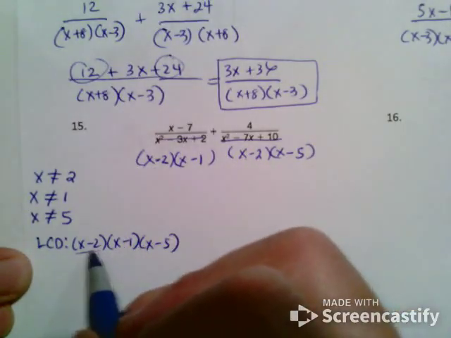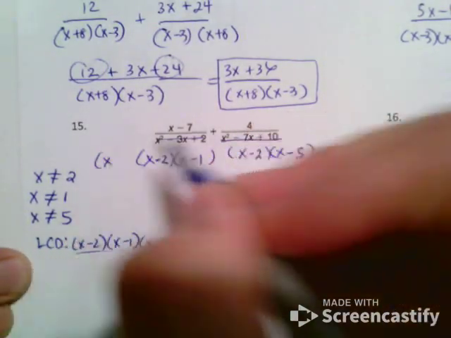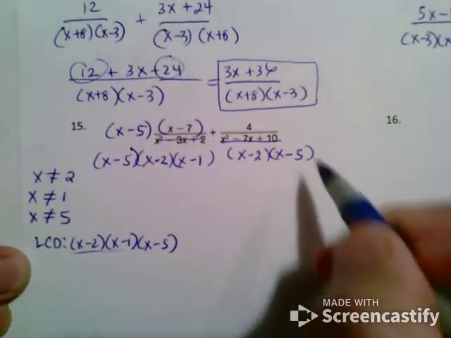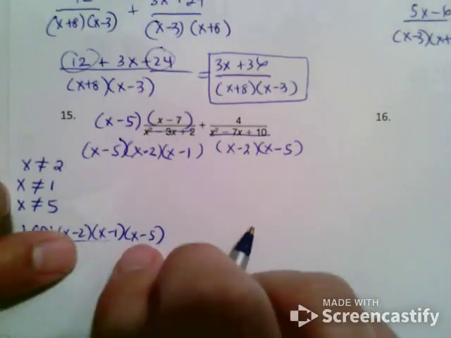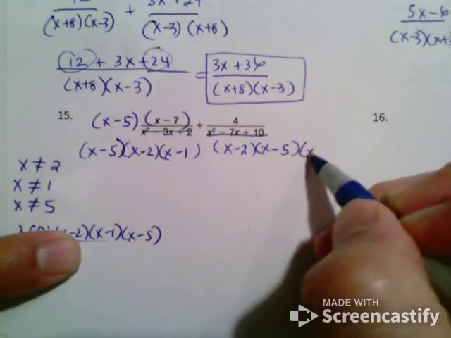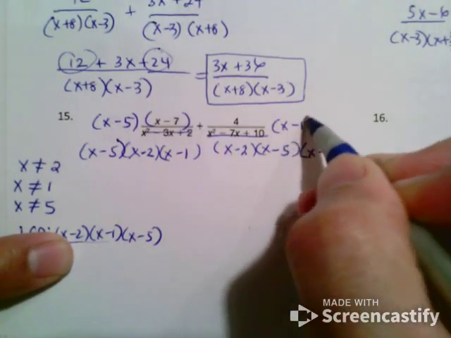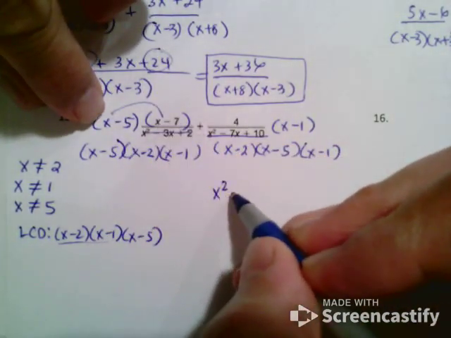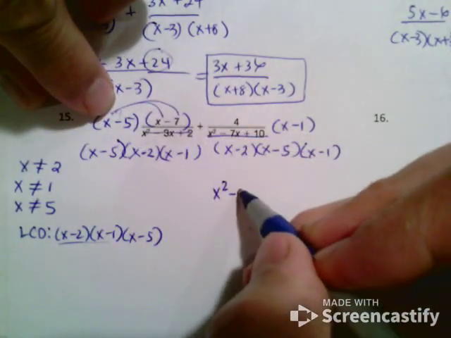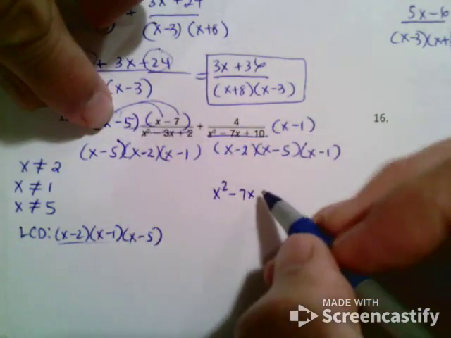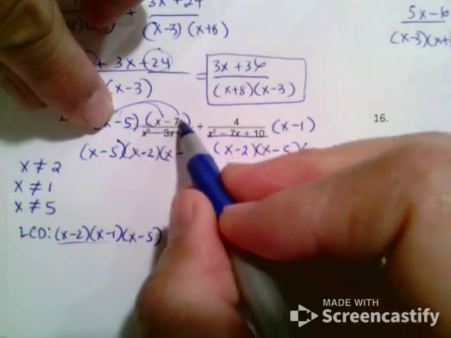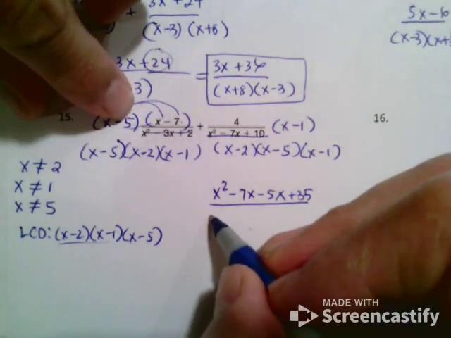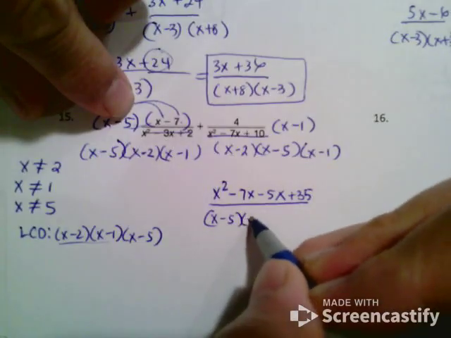So this one's missing this one, so I need to multiply it by this one. And this one is missing this one. Okay, so let's write it out. Okay, so I just multiplied this, and then here's the LCD.